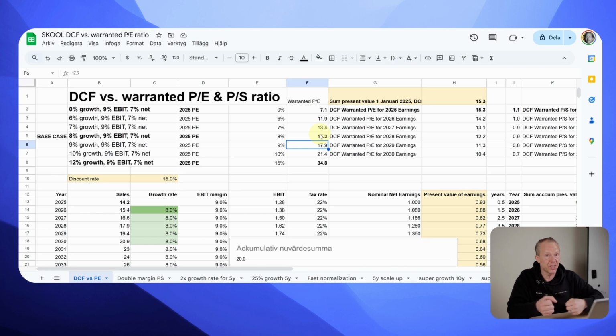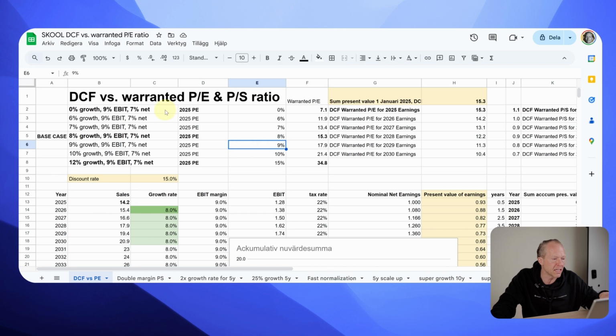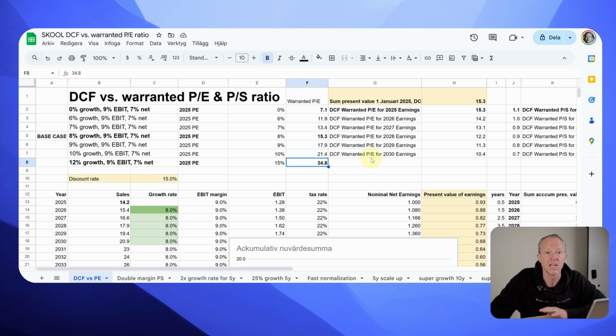So this is simply the actual mathematical sum of future cash flows given these assumptions for growth and keeping the profit margin level stable. 10% growth is a 21 PE warranted, and 12% growth takes us all the way up to 35 times earnings warranted level.